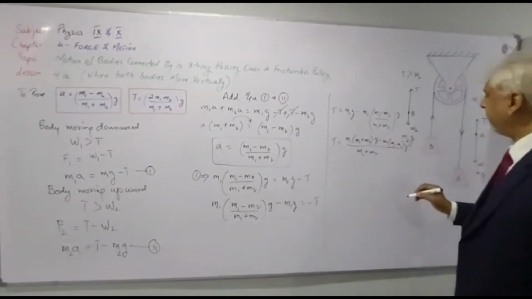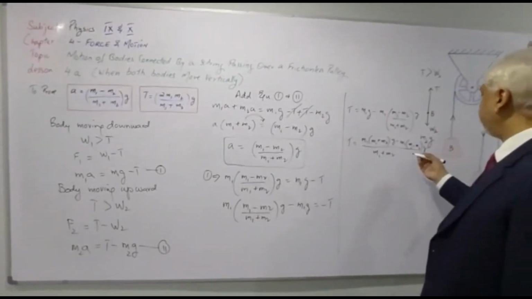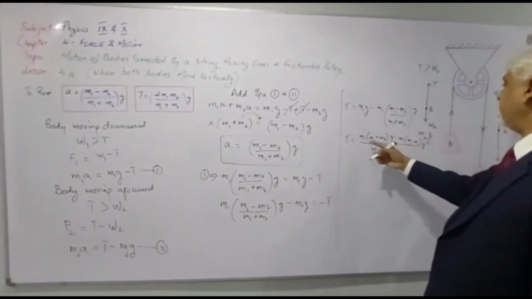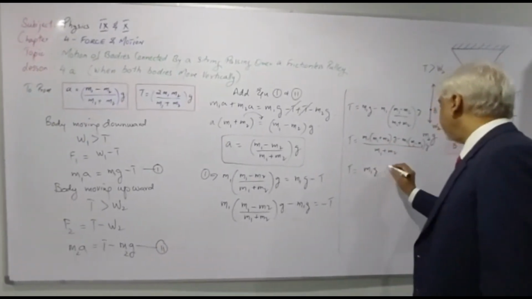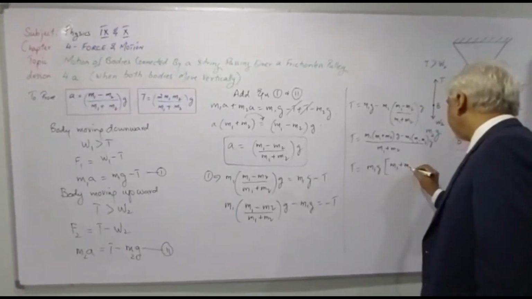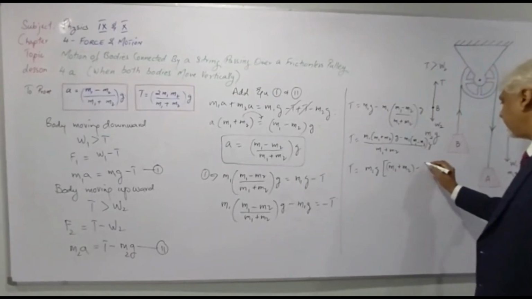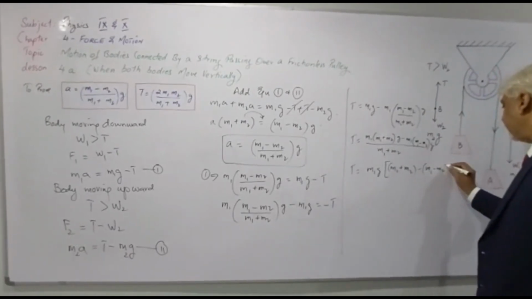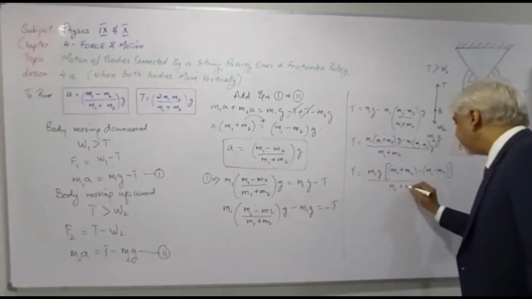So let's expand this bracket, or what I could do is take m1g common, and then I will get m1 plus m2 minus m1 minus m2 over m1 plus m2.